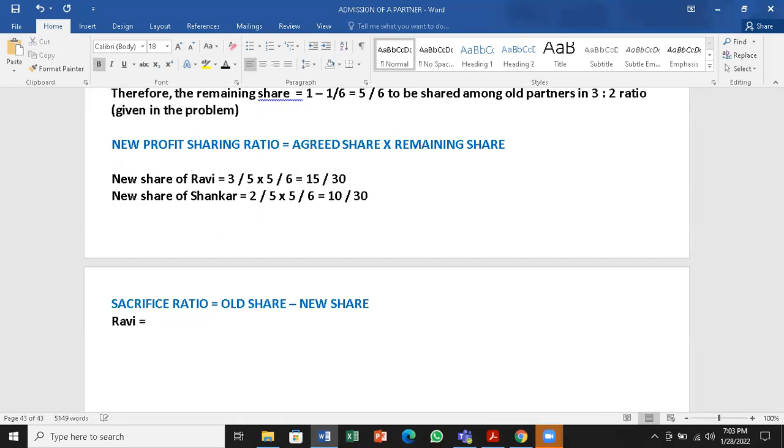For Ravi, we'll go for share sacrificed by Ravi, that is equal to old share of Ravi.